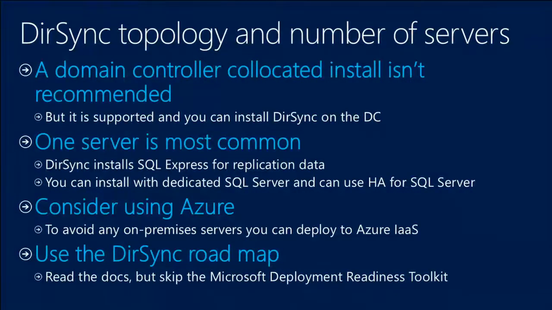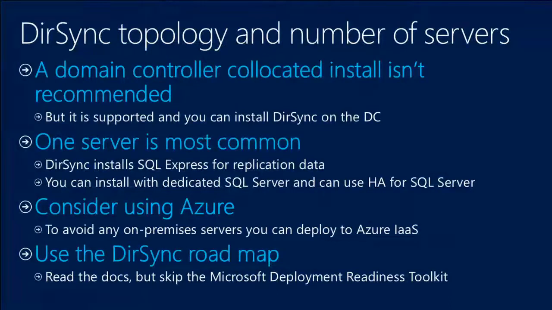You can have a standard install of SQL Server, and you can use various SQL Server high availability and deployment topologies. So you might have 2 or 3 servers for your DirSync deployment that way. We don't provide a way of having high availability for DirSync itself.